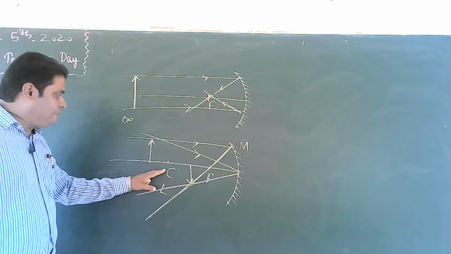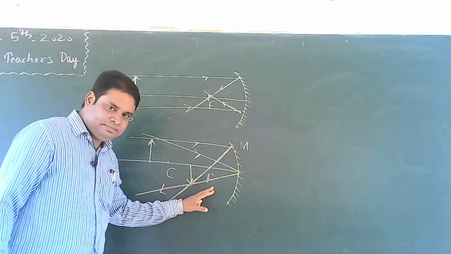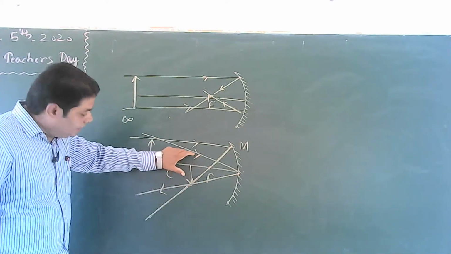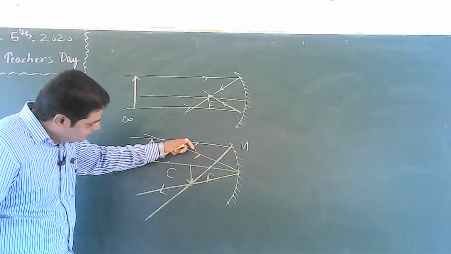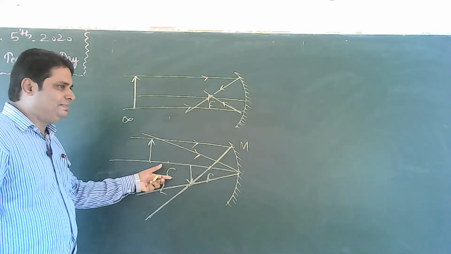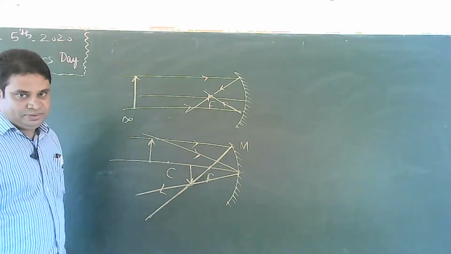We know when the object is placed beyond C, the image formed is between C and F. The size of the image is small, and it's real and inverted. A real inverted image is formed.